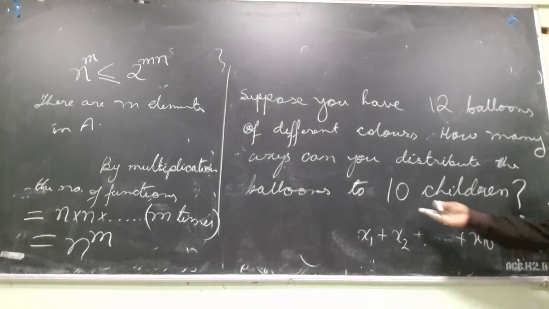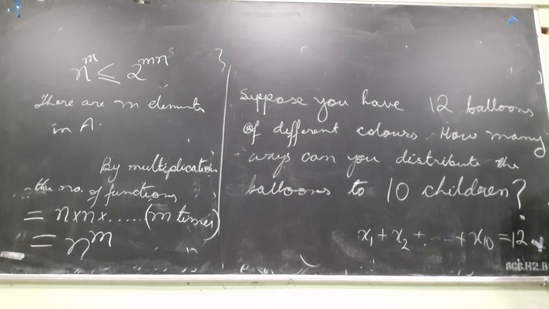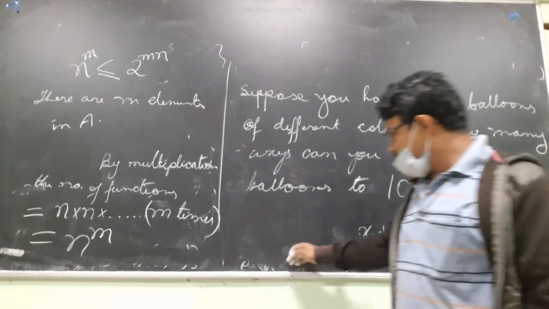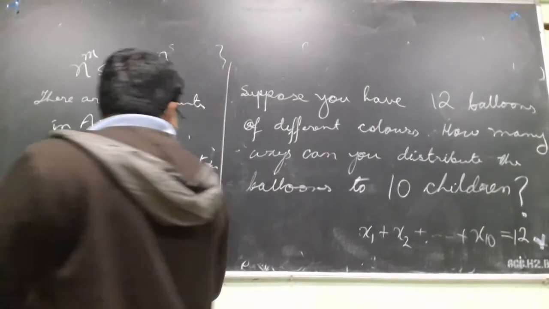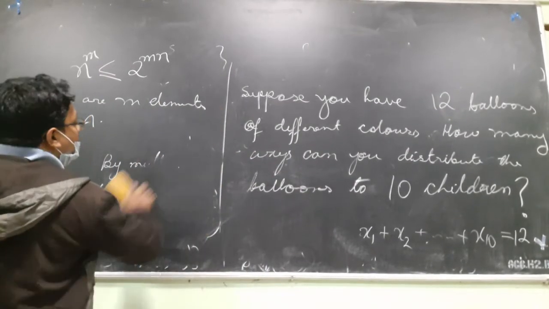You may give all balloons to a single child, that is also okay. So if we look at it that way, we want non-negative integer solutions. What is the number of non-negative integer solutions of this equation? Are these two equivalent? This is one way of looking at it. Another way of looking is this.